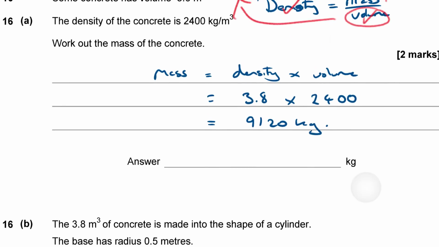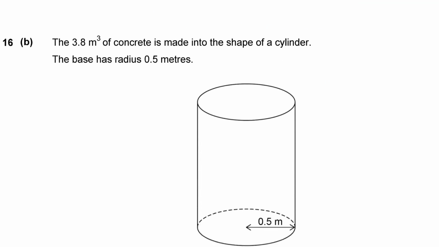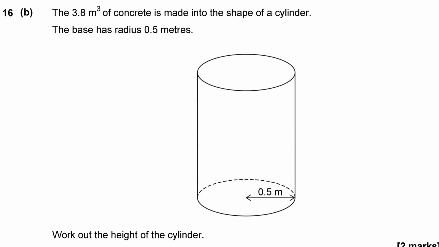Might as well just use the volume. So 3.8 meters cubed. So that's the volume. We know the radius. So what we want to know is h, the height.